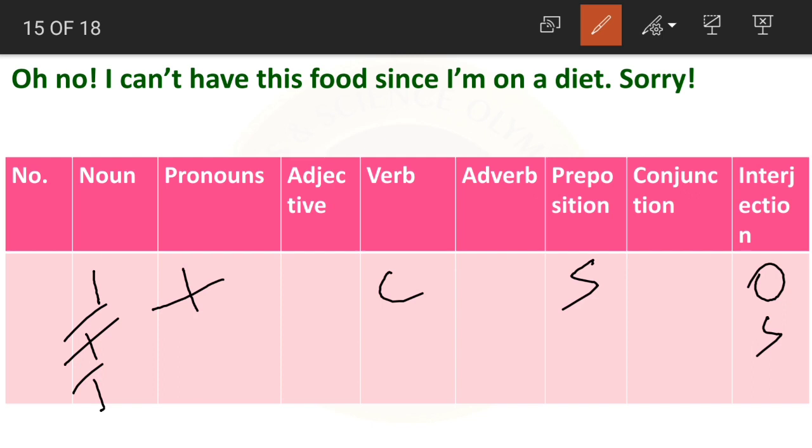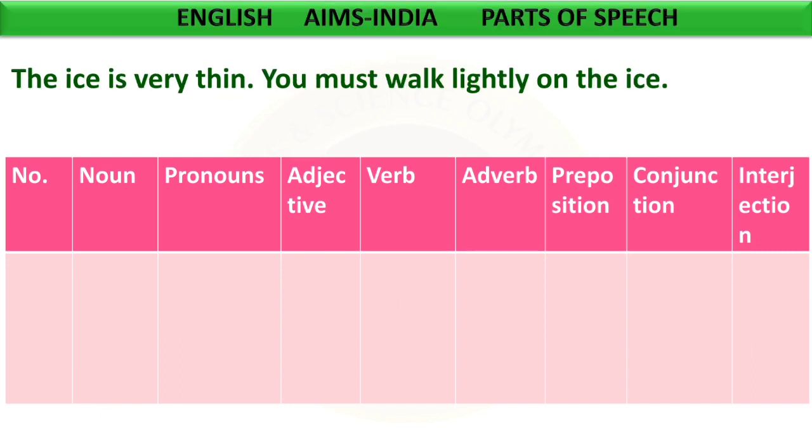So am also becomes a verb here. On, preposition. Diet, in the sense yes, you are following some restricted food, or you are eating less, or eating only some particular food. That is also a work here. So here diet also becomes the verb. Okay, so this is our sentence, children. Understood? Clear? Okay, we'll go to the next one.